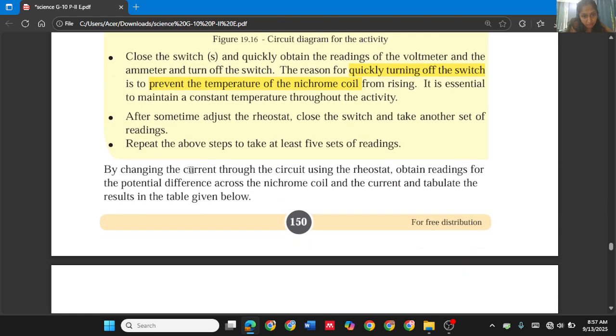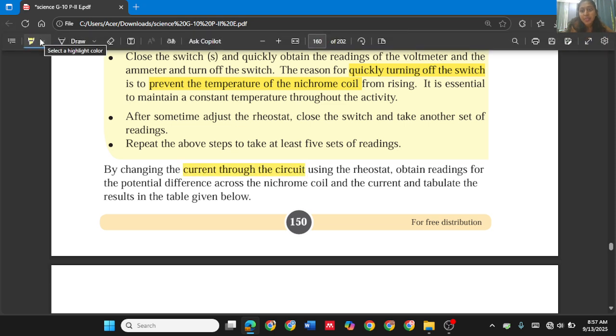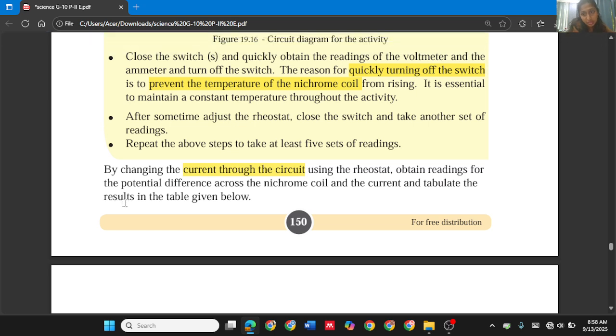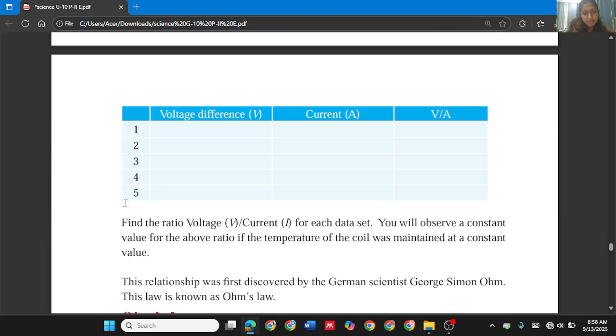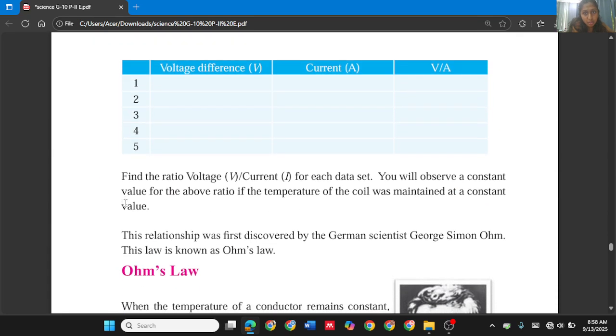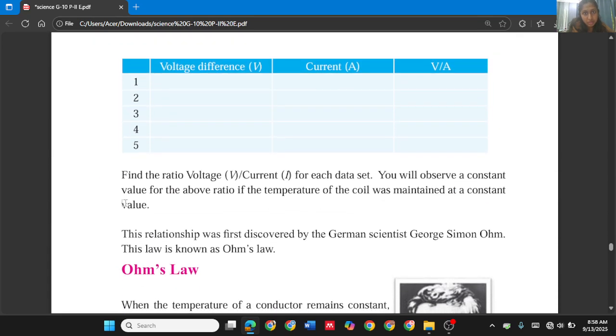By changing the current through the circuit using the rheostat, that is the purpose of using the rheostat. Using the rheostat, obtain readings for the potential difference across the nichrome coil and the current, and tabulate the results in the table given below.